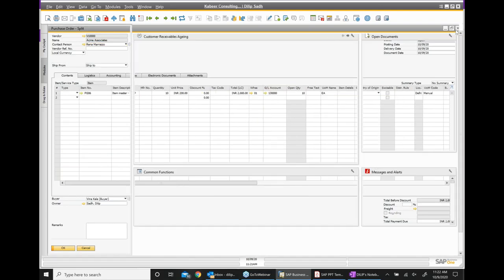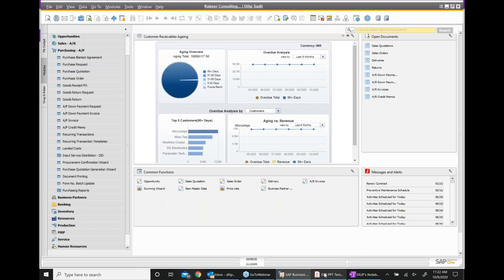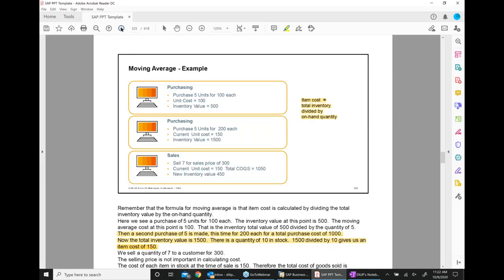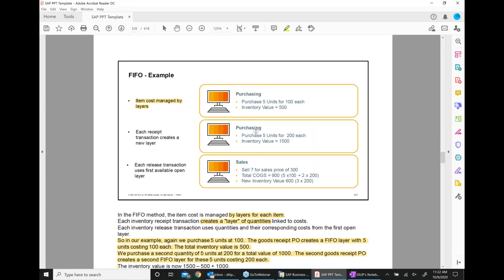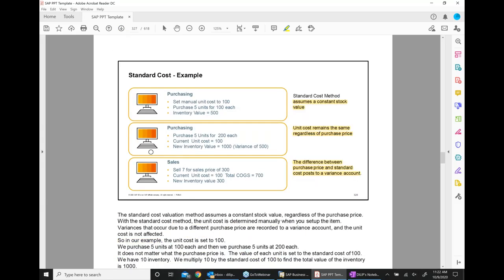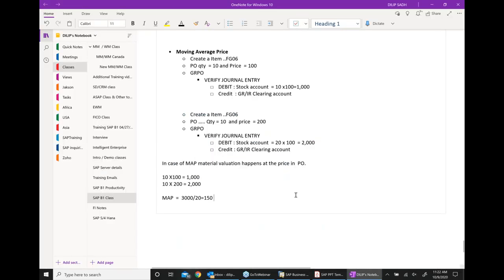Now I want to do another exercise. So this is the standard price example. This is the same thing we described, how the FIFO works. Now, how does the standard price work? So we are going to take an example of the standard cost. Sometimes people do use the standard cost as well.